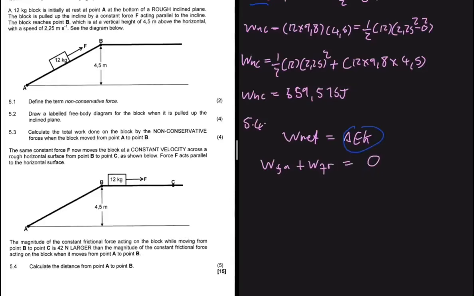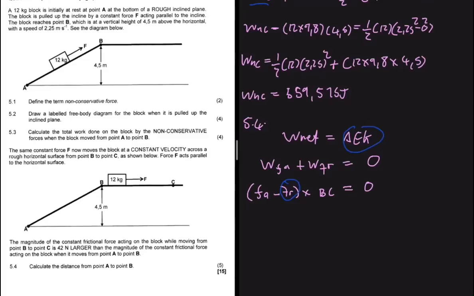We can solve this further. We get the applied force minus the frictional force, multiplied by the distance they're traveling. What is the distance they're traveling? It is BC, multiplied by BC, being equal to 0. This frictional force here, we know that it is 42 newtons larger than the frictional force in 5.3.